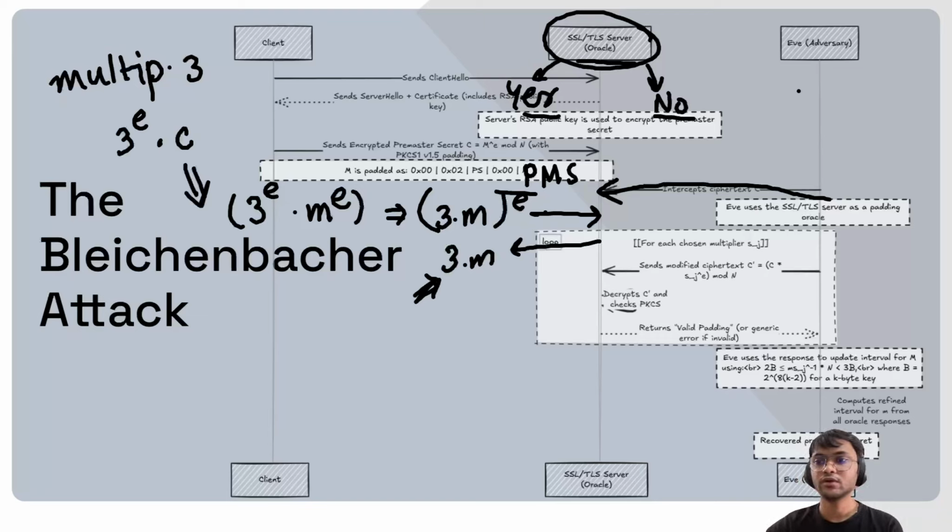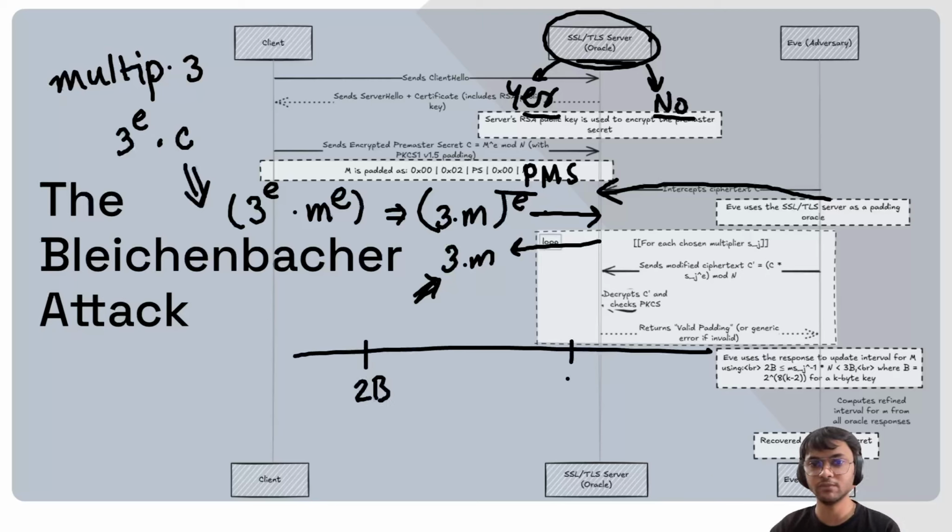Now, Eve can easily find out if the ciphertext was conformant to the PKCS1 standard using the oracle, because they have access to it. But the challenge here is that there are so many values between 2B and 3B that we don't know if multiplying a certain value, say s, to the intercepted ciphertext will return a correct ciphertext or not.